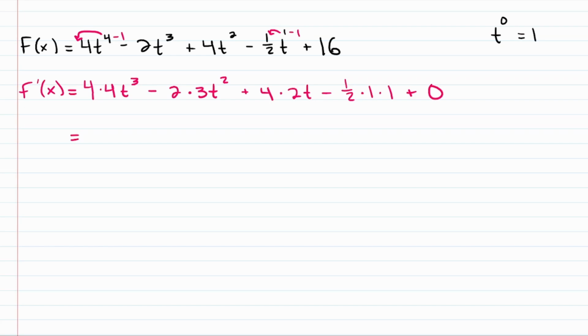We have 4 times 4 would be 16t to the third power, minus 6t to the second power, plus 8t minus just 1/2. 1 times 1 doesn't change the value, it's just minus 1/2, and we don't need to rewrite that 0. So that would be the answer for this derivative.